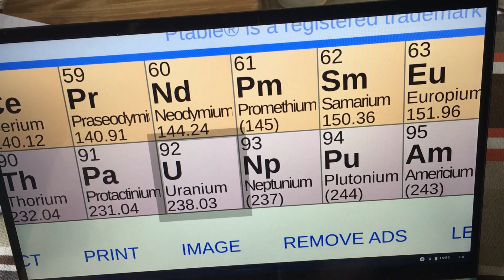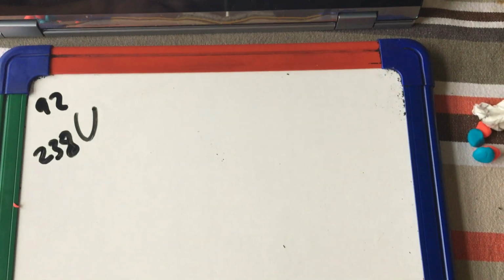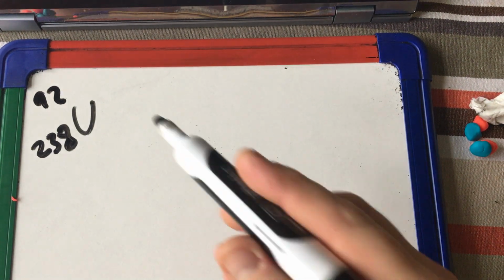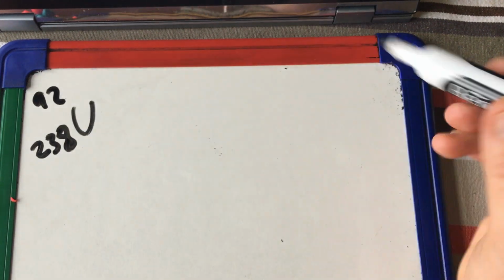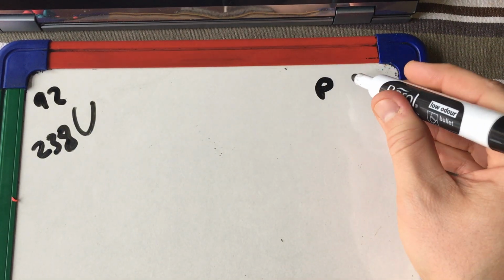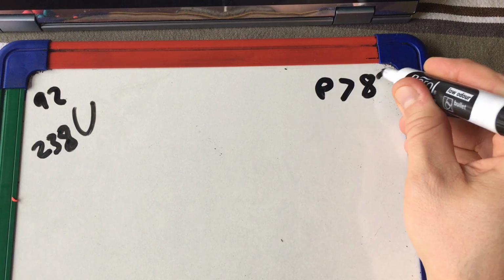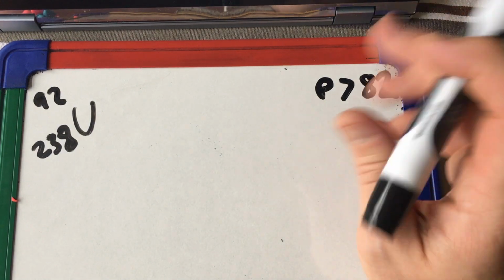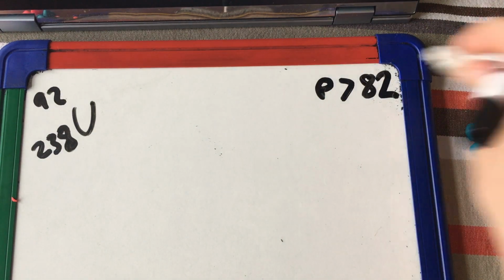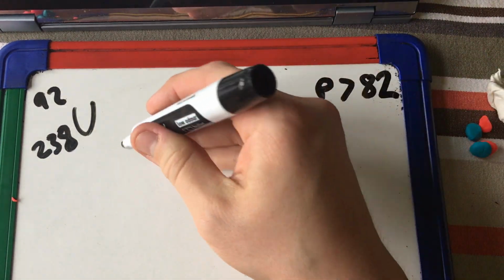So there you go, uranium 238 and has 92 protons. So that's unstable. It's too big. It's got too many protons. In fact, if the proton number is bigger than 82, then it needs to lose some mass. So this one here is going to lose some mass.